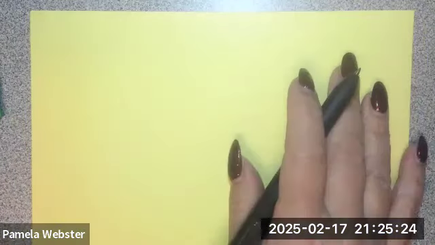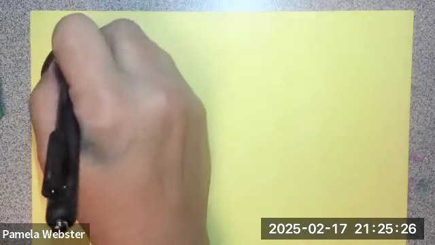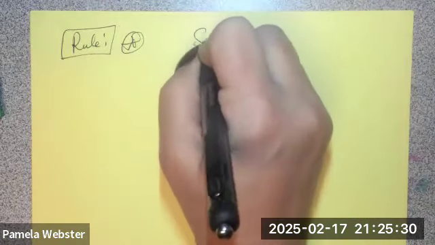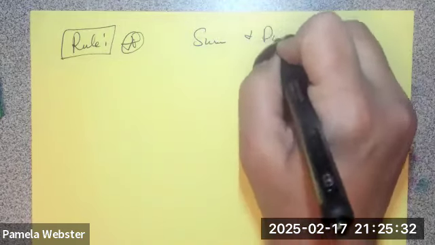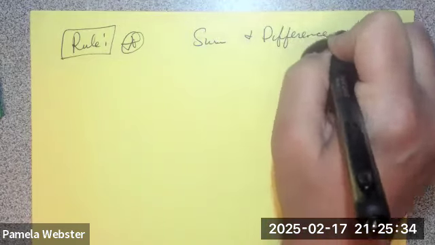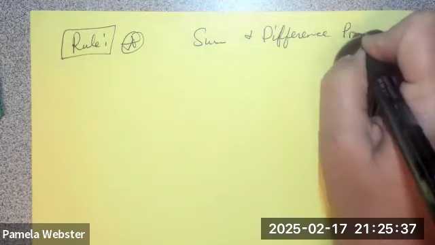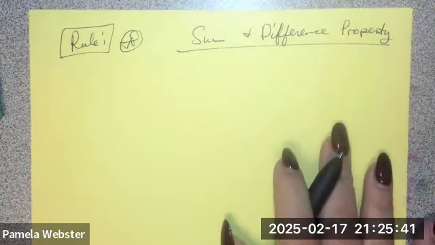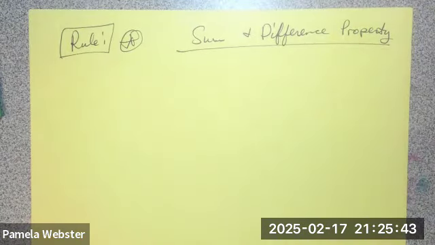So the last one is called the sum and difference property. Sum and difference property. And this one is so very, very useful to us. We'll actually go back and look at something we did before.